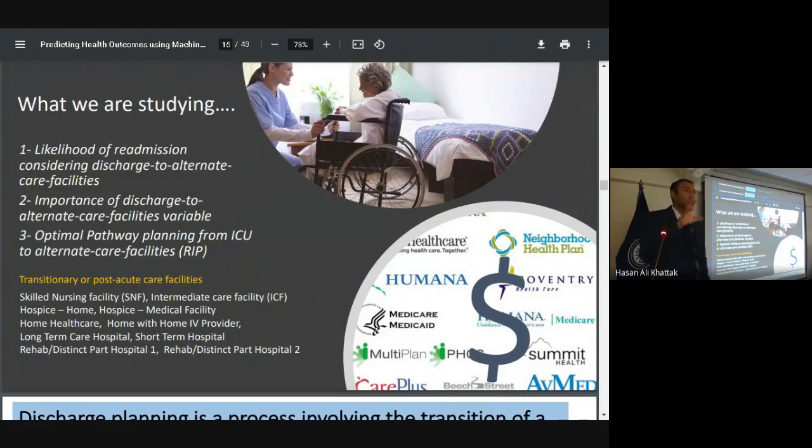The people who are sent directly to their homes, how likely are they to come back, compared with patients we send to transitionary care instead? We are looking at how impactful this process is. The third point, which is research in progress, is optimal pathway planning from the ICU to the alternate care facilities.